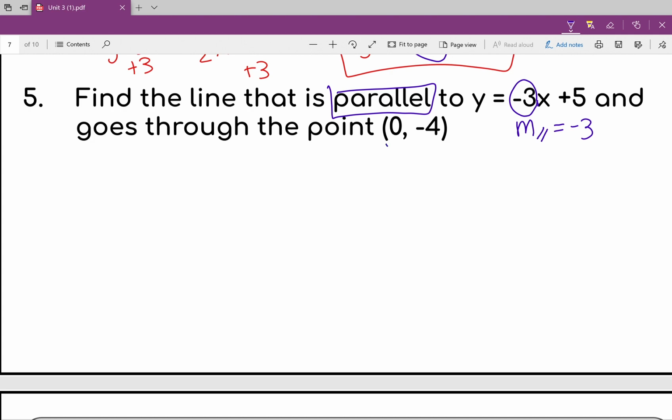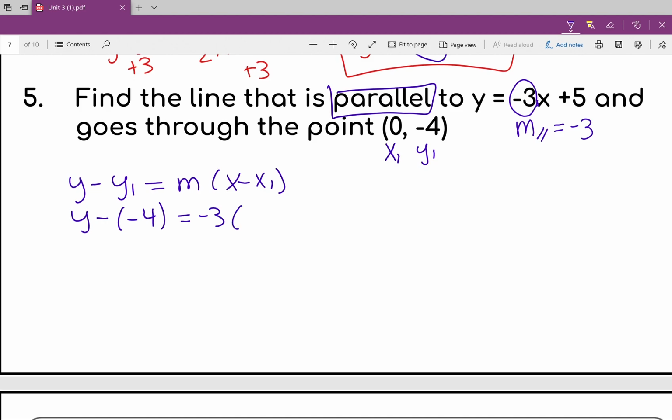Then remember our point is (x1, y1). So I use the point slope formula: y minus y1 equals m(x minus x1). And then I plug all the numbers in. y minus negative 4 equals negative 3 (x minus 0). Okay, so this was a mistake that a lot of you made on the test, is that you forgot to put our negative number in parentheses.